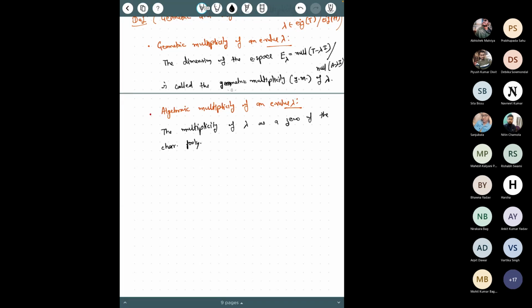This is called the algebraic multiplicity, AM of eigenvalue lambda.